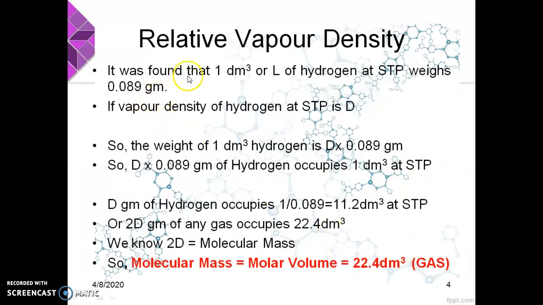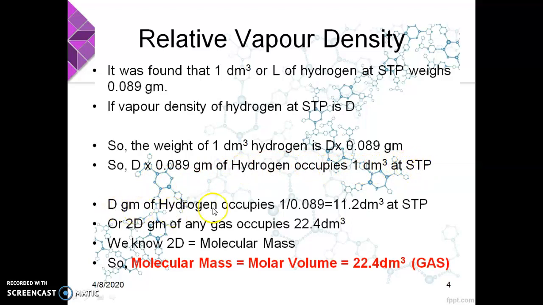Now, it was found that 1 decimeter cube or 1 liter of hydrogen at STP weighs 0.089 gram. Now, if vapor density of hydrogen at STP is D, then weight of 1 decimeter cube of hydrogen is D into 0.089 gram. So, D into 0.089 gram of hydrogen occupies 1 dm cube at STP.